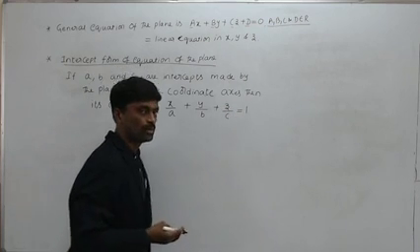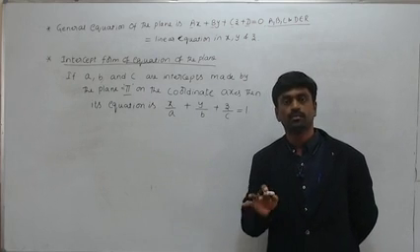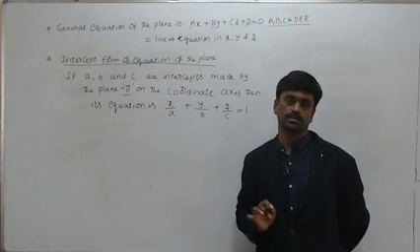Here small a, small b, small c denote what? The intercepts made by the plane on the coordinate axes.